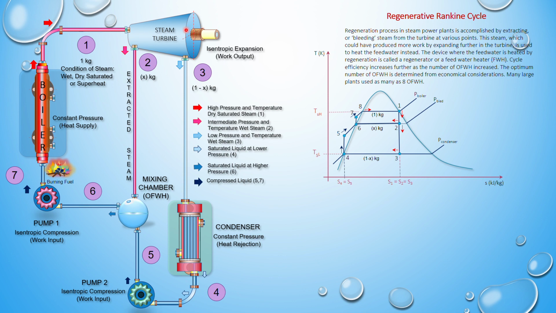So for regenerative, what happens is before the steam undergoes full expansion, somewhere in between point 1 and point 3, a certain amount of steam is extracted. The purpose is to heat up the saturated liquid that is leaving the feed pump from the condenser, in order to raise the pressure and the temperature slightly before it goes into the boiler.